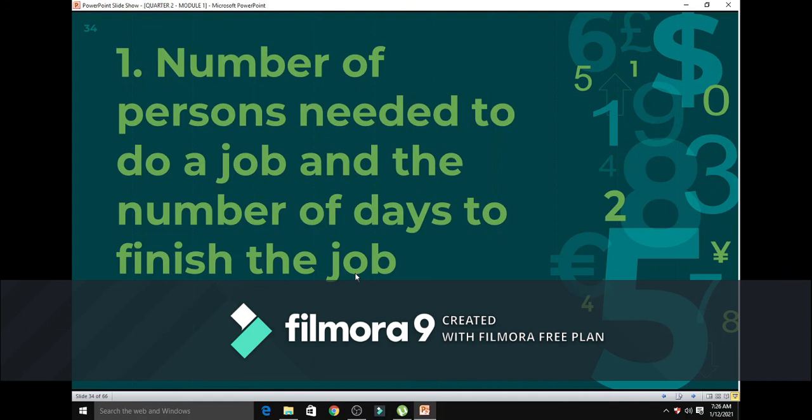Kapag isa lang yung gagawa ng bahay mo, matatapos niya ba agad? Pero kapag naging 10, naging 20, ano nangyayari sa number of days para matapos nila yung bahay mo? So, example ba to ng direct variation, ng inverse variation, sorry. So, inverse variation ba to? Yes, this one is an example of an inverse variation.